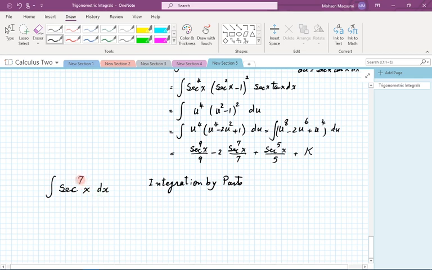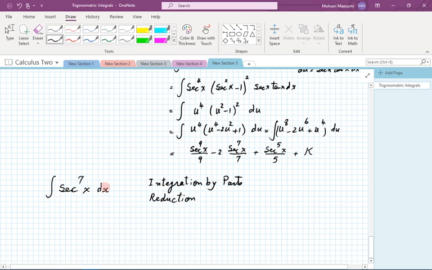So secant 7 can go to 5, 5 can go to 3. Well, we have done the 3, but essentially you can keep going. 3 goes to 1, and then the integral of secant, you know itself from calculus 1, logarithm of secant plus tangent. That's how we do it. So we are essentially introducing a new idea here, and that's the idea of reduction.